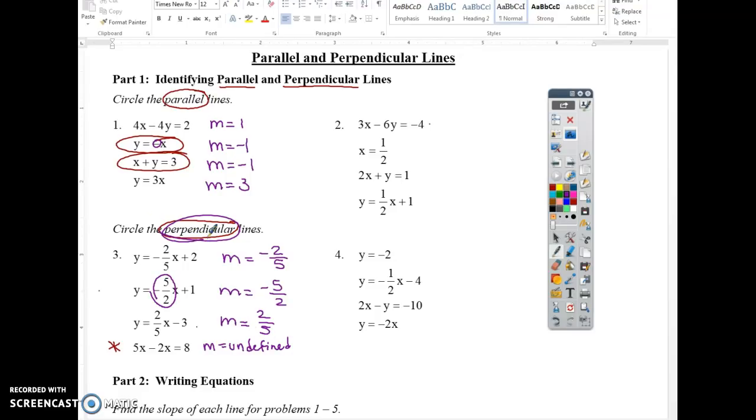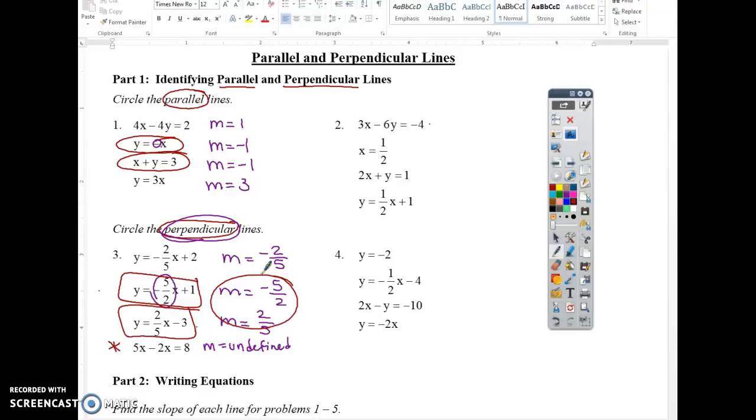So if you flip it and change the sign, which two are perpendicular? One has to be positive, one has to be negative. The second and the third one. Look, if I flip the 5 and the 2, that's 2 over 5. And if I change the sign from a negative to a positive, these two are perpendicular slopes. So that's what you need to do for problem number 4.